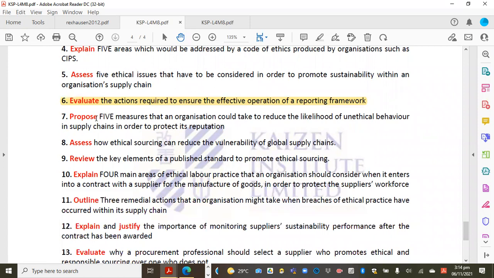Okay, so we are moving to question 7. Propose 5 measures that an organization can take to reduce the likelihood of unethical behavior in supply chains in order to protect its reputation. So all that I've said, I want you to tell us measures that an organization can take to reduce the likelihood of unethical behavior in supply chains.